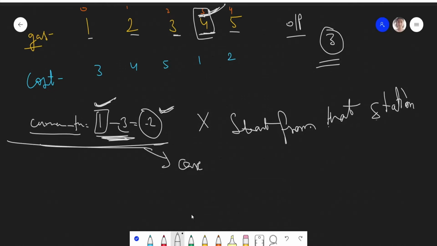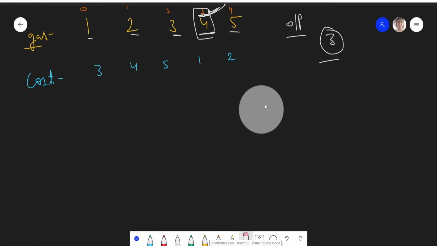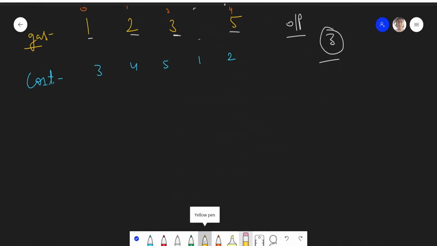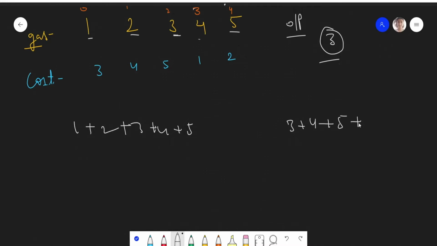Now let's see how we'll approach the problem. First thing is the total gas which is given to us, that is 1 plus 2 plus 3 plus 4 plus 5, and the cost which is given, 3 plus 4 plus 5 plus 1 plus 2.